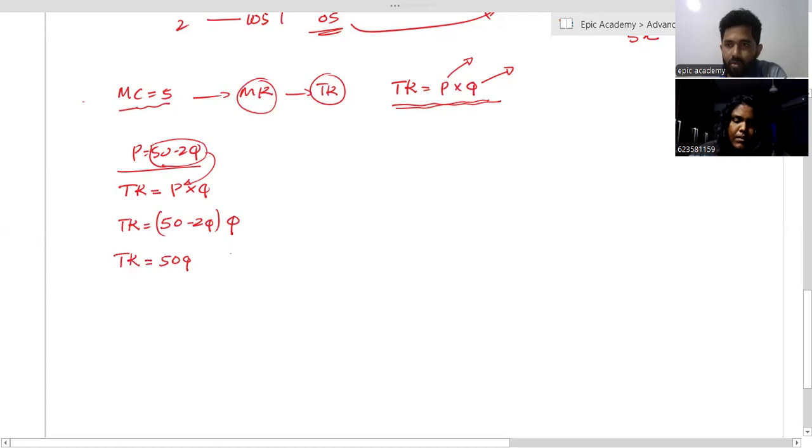Are you okay with that one? Yes. Then minus 2Q multiplied by Q becomes 2Q squared. Then you got the value for the TR.